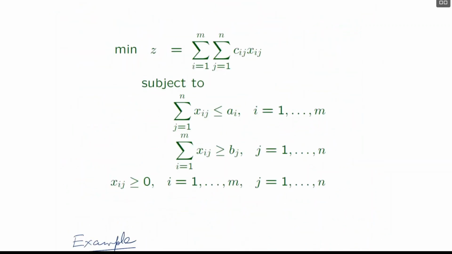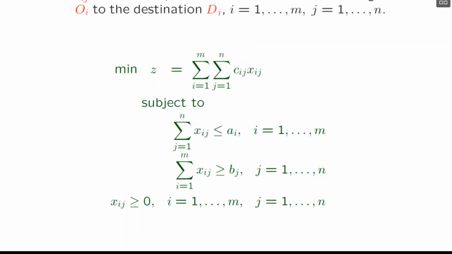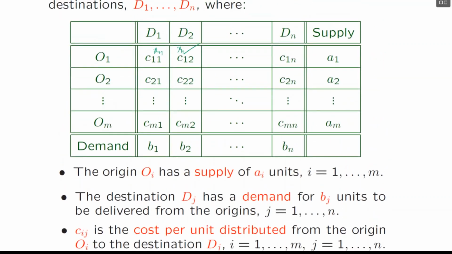So we will have the constraint x11 plus x21 plus ... plus xm1 should be greater than or equal to B1. Why is it greater than or equal to? Because the demand must be fulfilled.